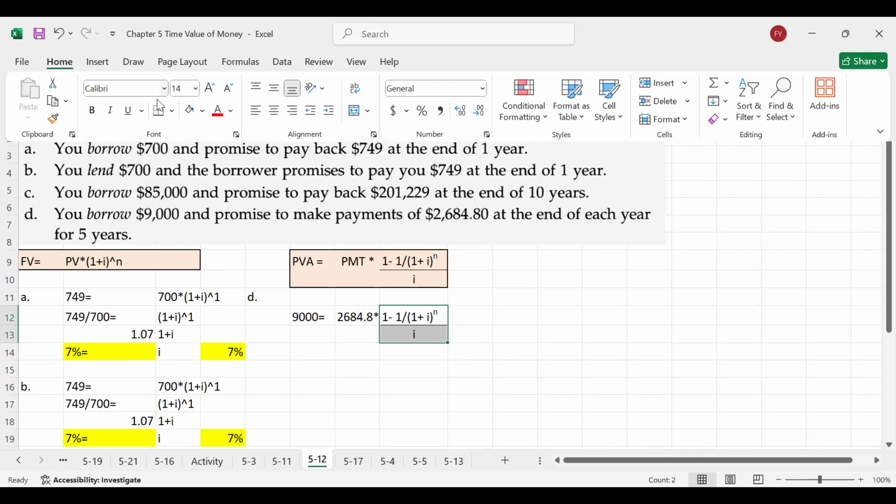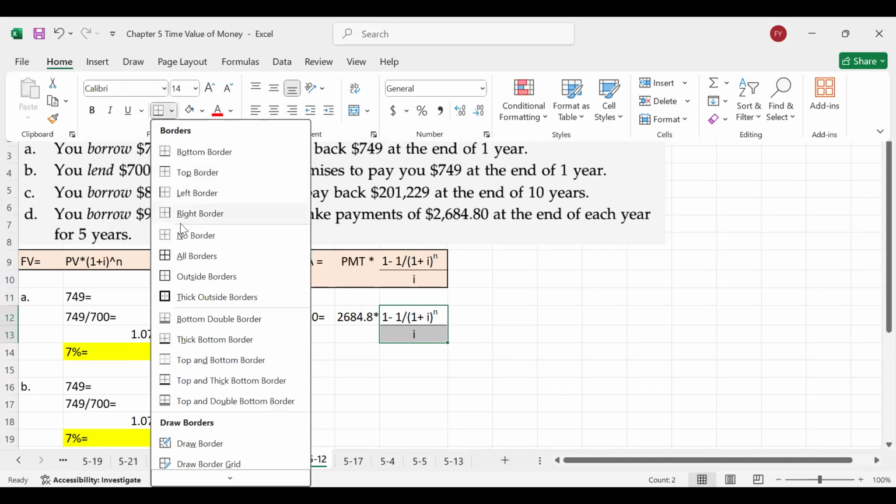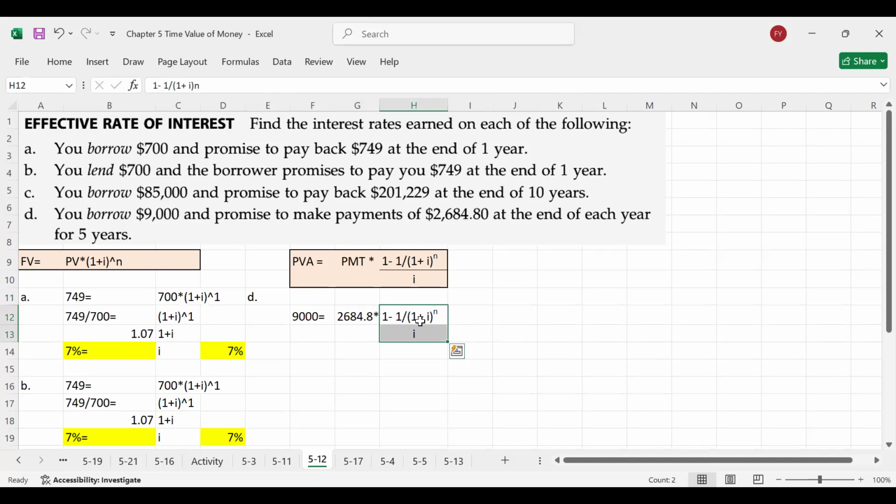So what we are going to do in the next step, this whole 1 over 1 plus I raised to power, and the whole divided by I, this is called the factor.